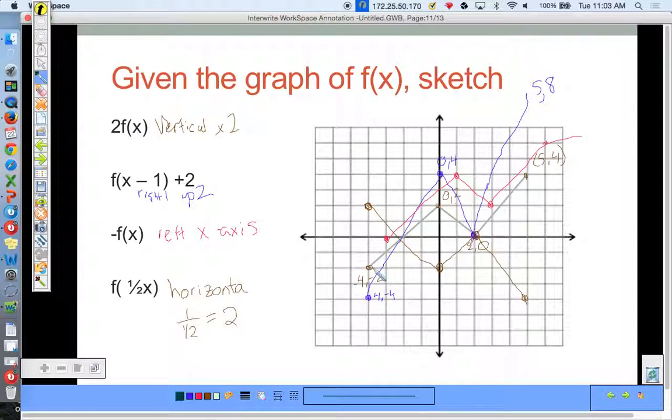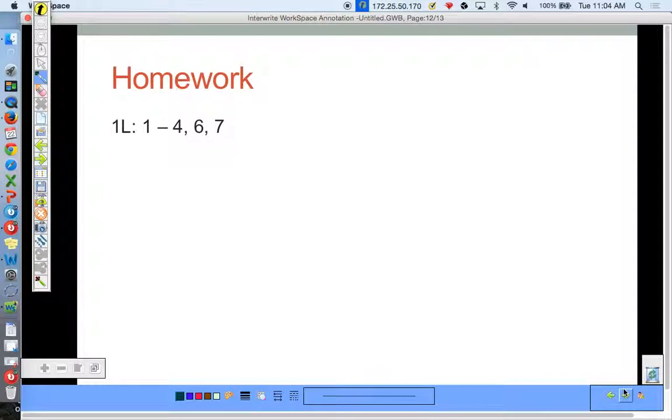We have -4, -2, so this becomes -8, -2. 0, 2, so that stays at 0, 2. 2, 0 becomes 4, 0. And 5, 4 becomes 10, 4. And there we have it. And here's your assignment.